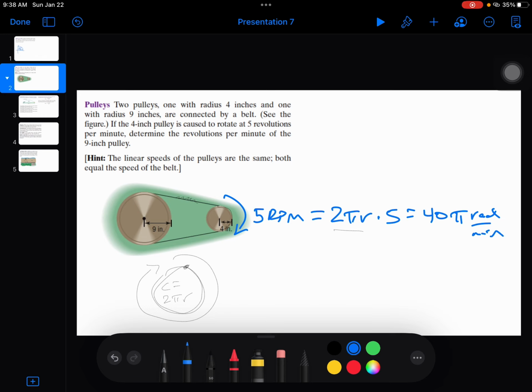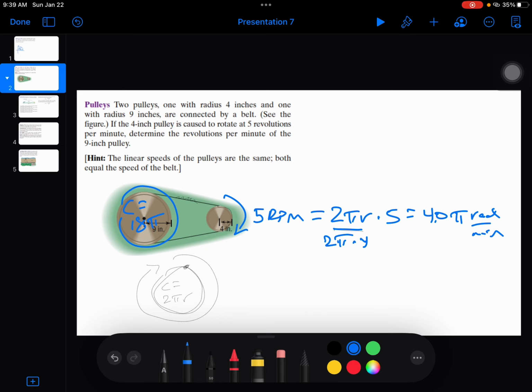And so again, this is the circumference. That's 2 pi times 4. 2 times 4 times 5 is 40. And so let's look at our circumference of the 9-inch pulley. Circumference is going to be 2 pi r, which is 18 pi.